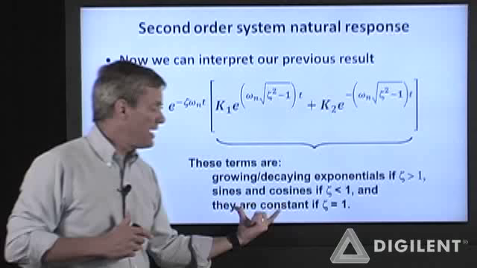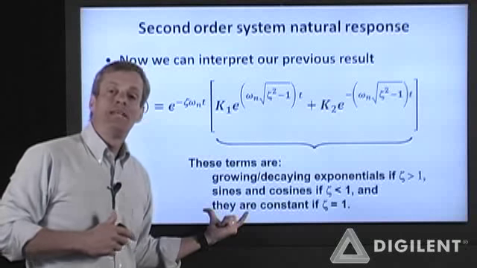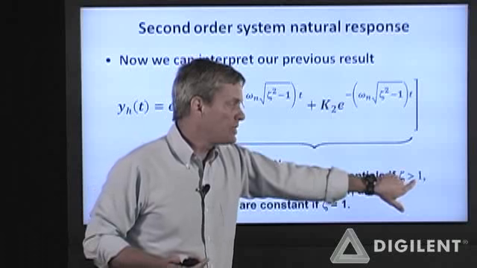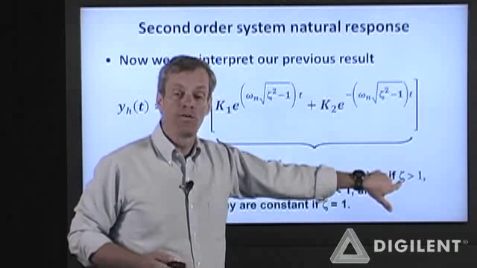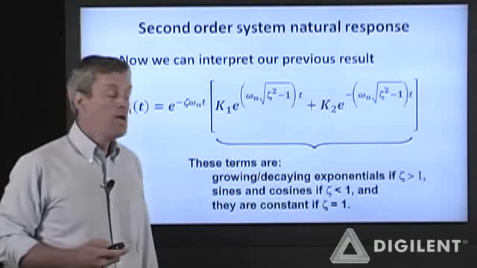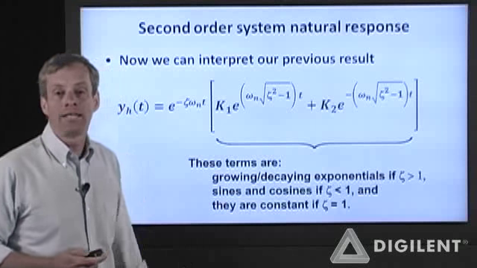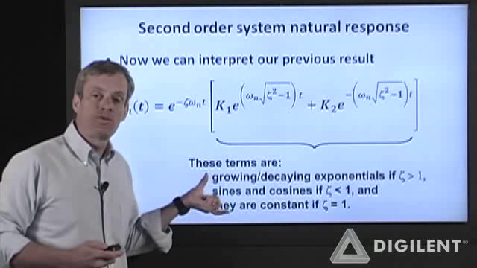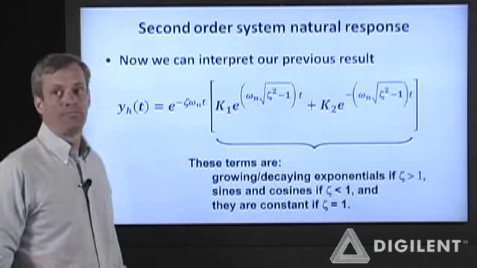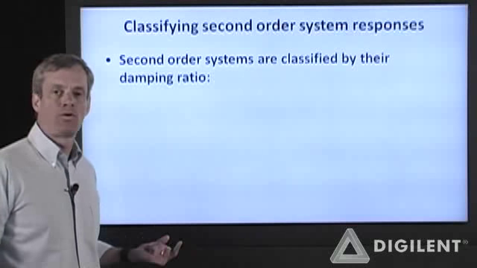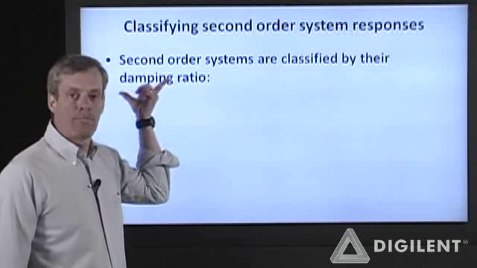So this guy decays exponentially, but he decays faster than any solution which has a damping ratio bigger than 1. And in fact, these characteristics are used to categorize second-order systems into 3 basic categories. It's common to categorize second-order systems by their damping ratio.